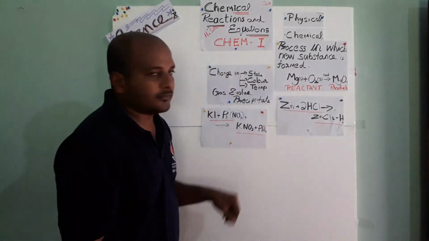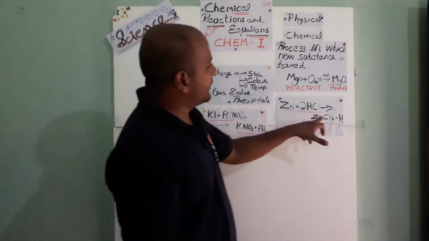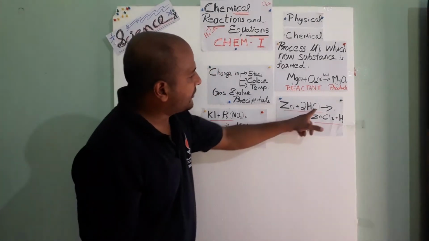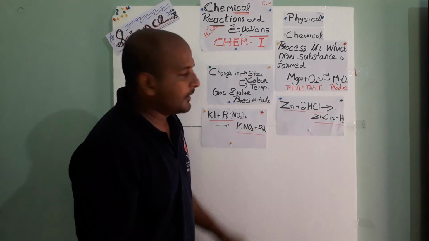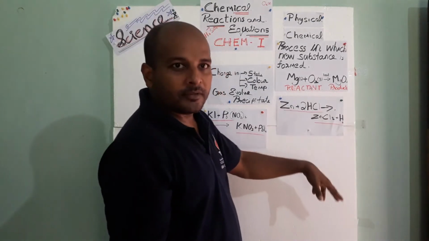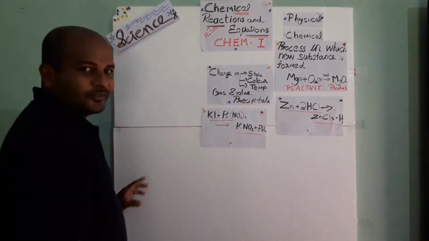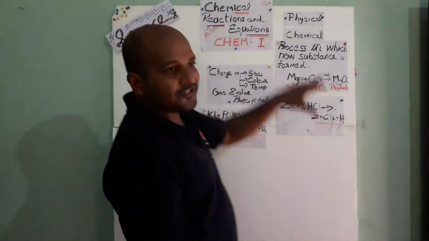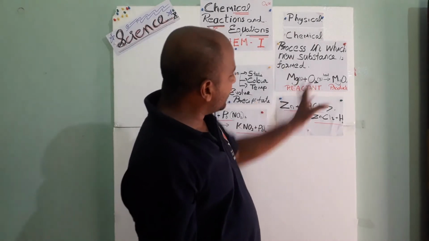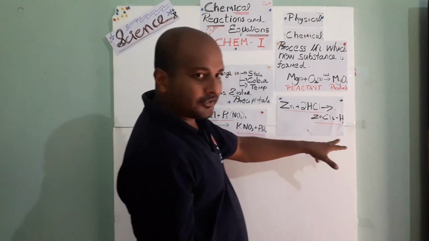Here zinc, metal, solid, zinc chloride and H2. H2 is gas. HCl was liquid, isn't it? Liquid form changed into gaseous form. Solid form changed into liquid form. So by this we can say that it has a change in state. First solid state, then it is changed to liquid state and gaseous state.